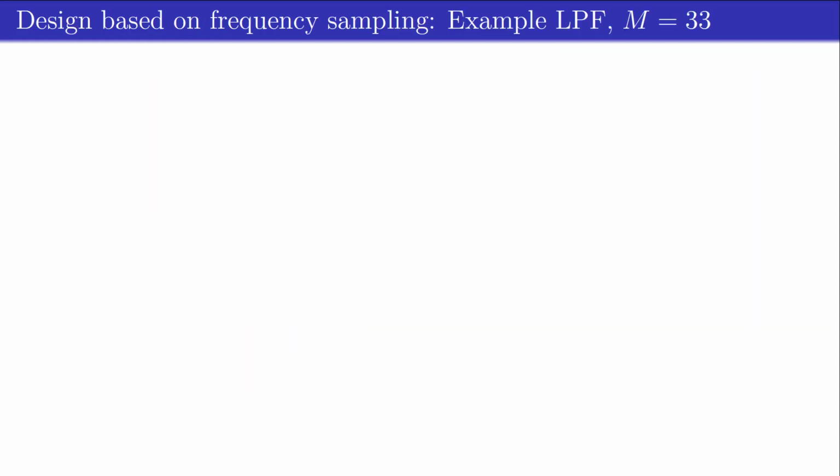As an example, let's design a low-pass filter based on frequency sampling by predefining the frequency response H(e^jθ) at M is 33 uniformly spaced frequencies between θ is 0 and θ is 2π.